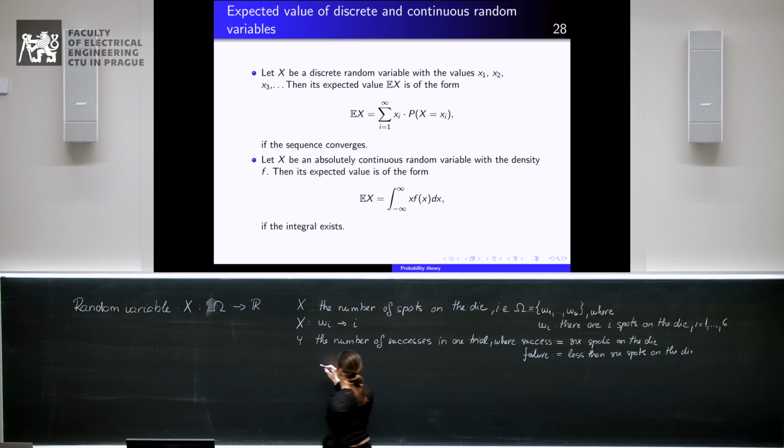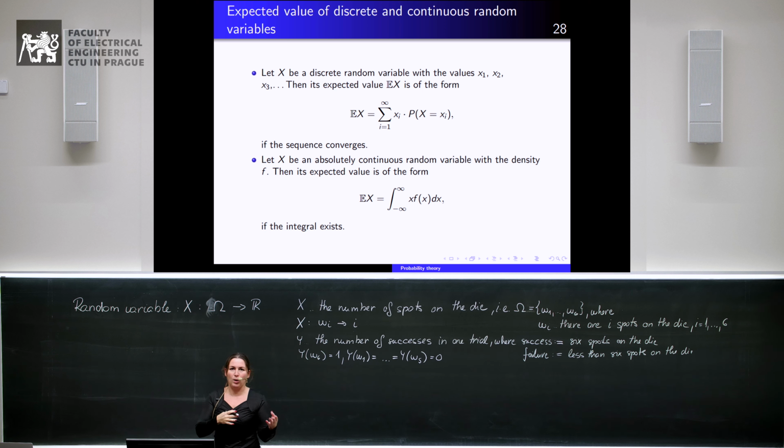Then Y is the mapping such that it is equal to 1 when we get 6 spots on the die, and it is equal to 0 for the remaining omegas. And so it is the number 1 or 0 describing the success or the failure, and so on.